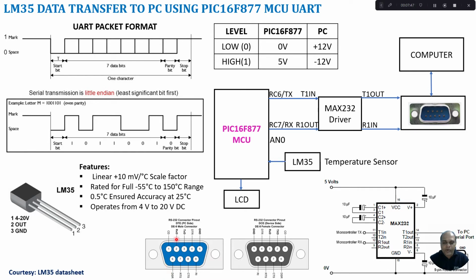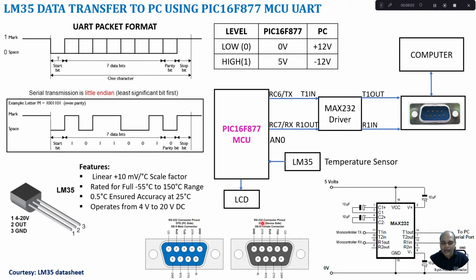We will mostly be using these 3 lines: pin number 2, pin number 3 and pin number 5. In the case of a male connector, pin number 2 is the receiver line, pin number 3 is the transmitter line and pin number 5 is ground.